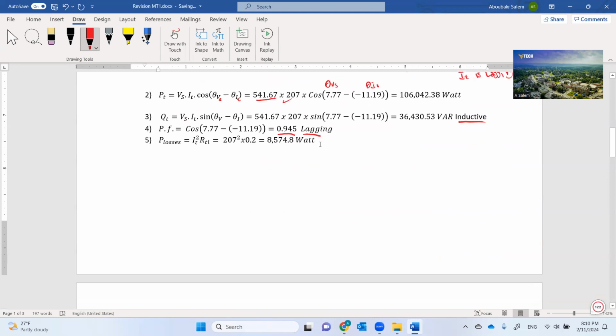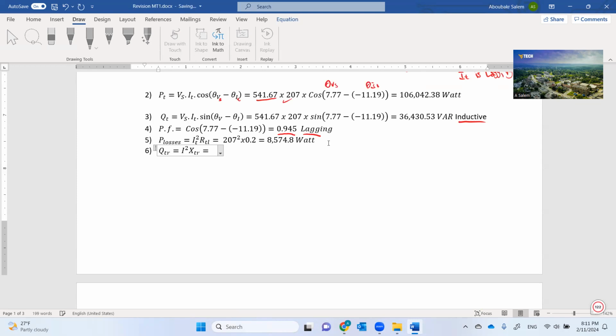So we can do the same as what we made here. We can say now Q transmission equals I square times X L or X transmission.